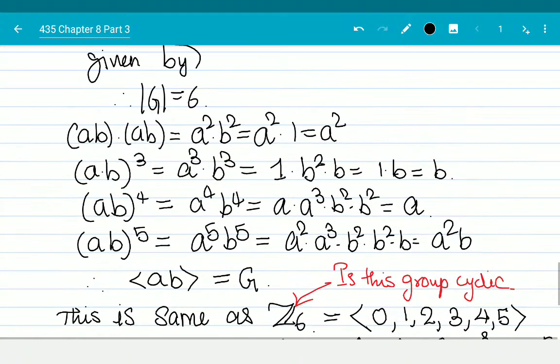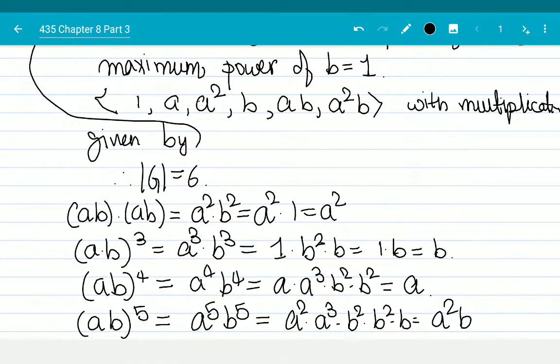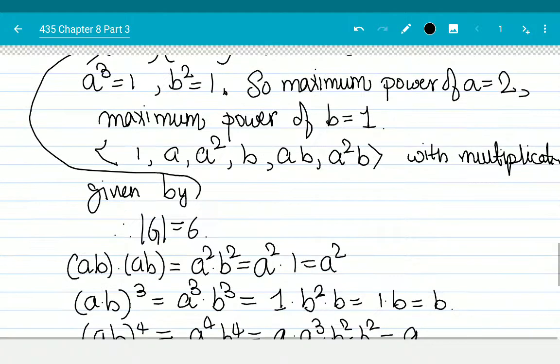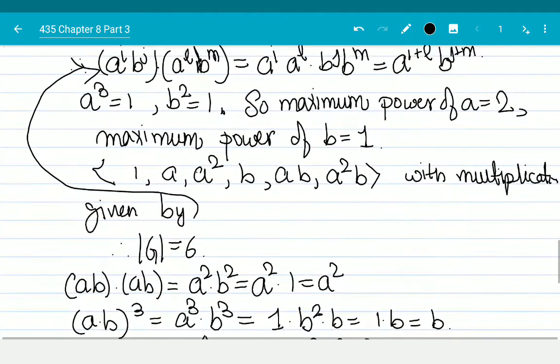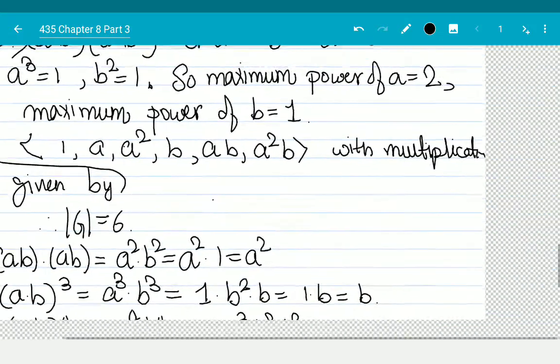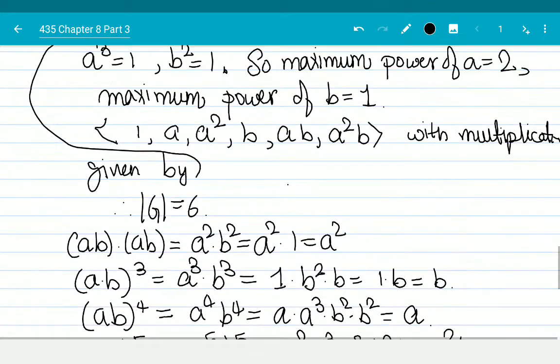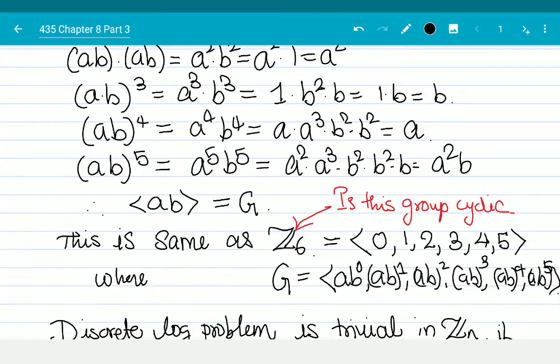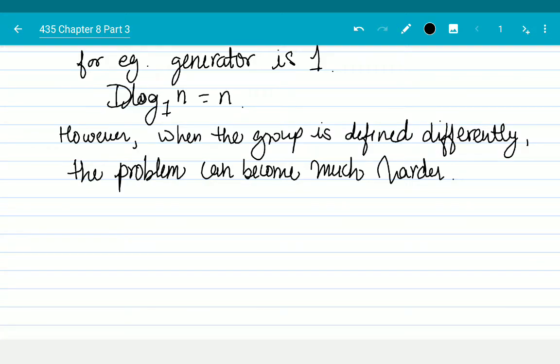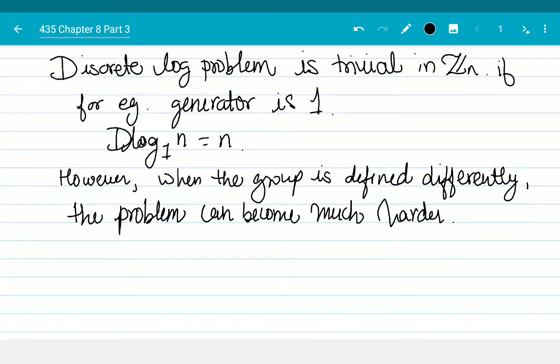The extra hidden thing that, oh, I am saying it is generated by A and B, with A cubed equal to 1 and B squared equal to 1, makes it harder, right? Now, let us look at what is the Diffie-Hellman problem.